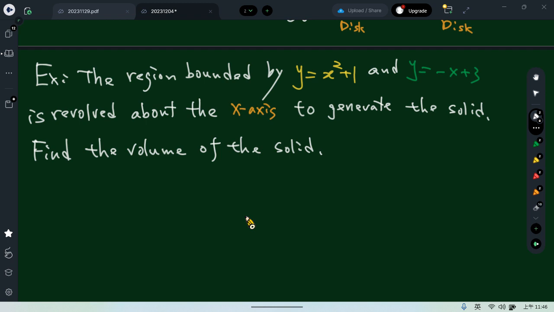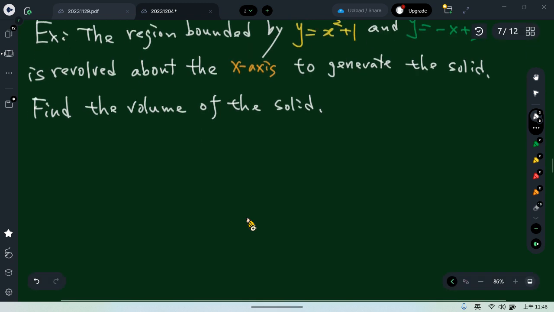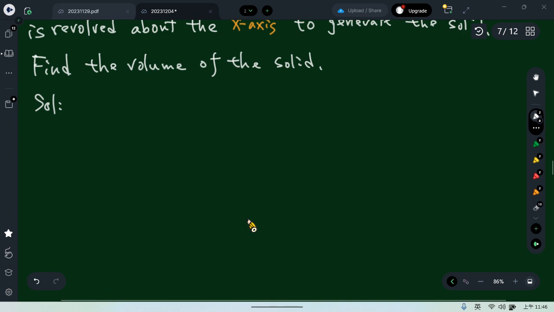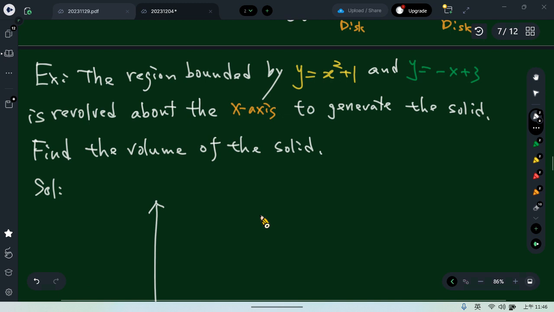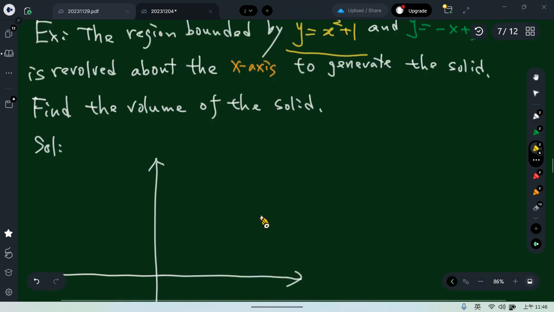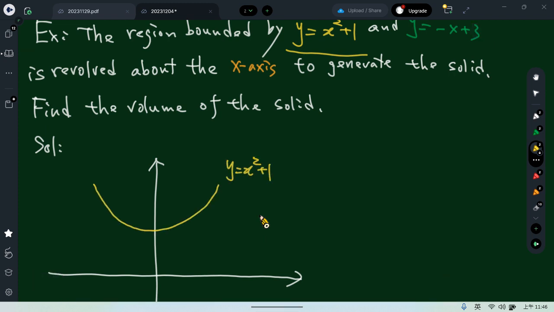Okay, so let's draw it first. Draw the region first. The first one is y is equal to x squared plus 1.